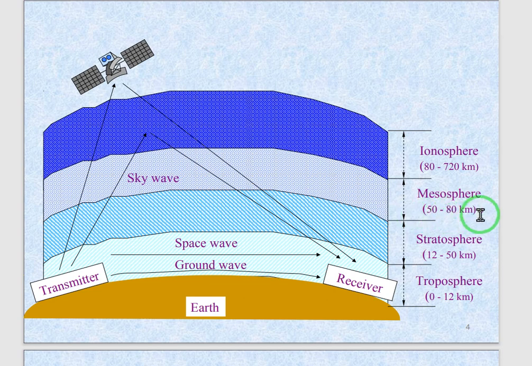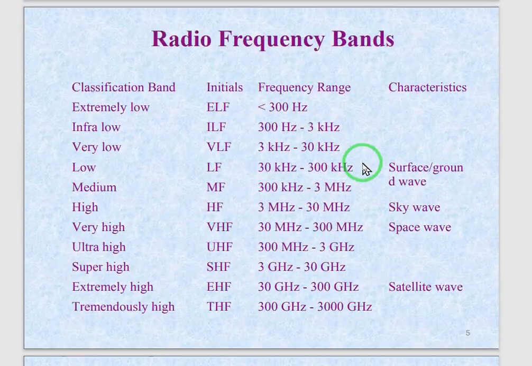Then the stratosphere, which is from 12 to 50 kilometers. And the troposphere, which is the nearest, is up to around 12 kilometers. So these are the different layers of material which reflect the signal, and that is basically used to communicate by sky waves.